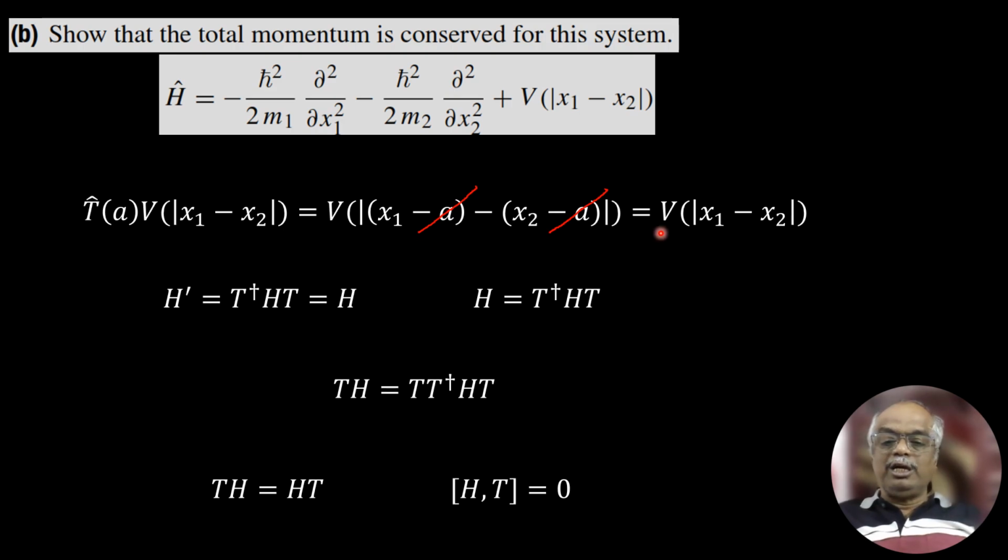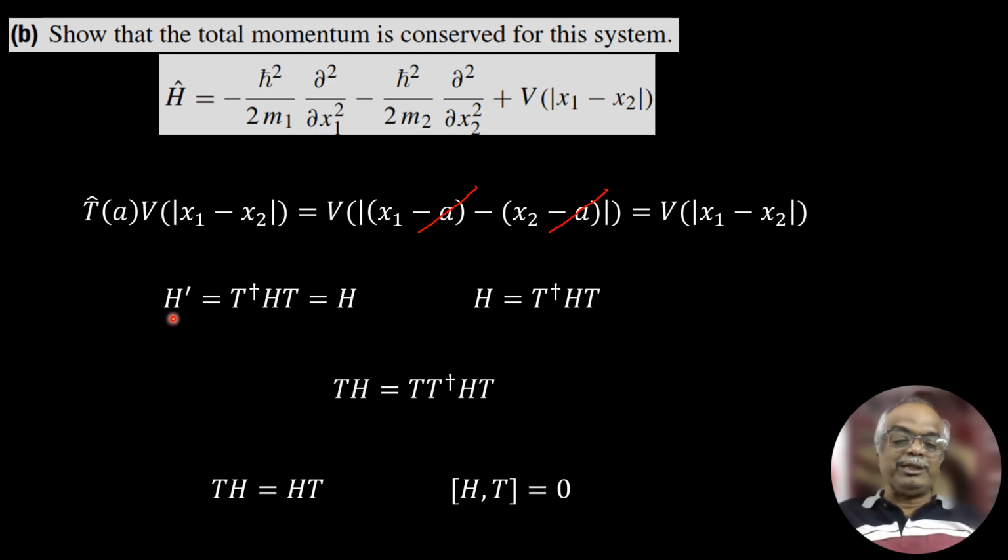So you can conveniently ignore this because there is no change in the potential. Now we will see about the kinetic energy. Kinetic energy basically depends on the momentum, p squared over 2m. So let us say by definition H prime, the translated Hamiltonian, is H prime.